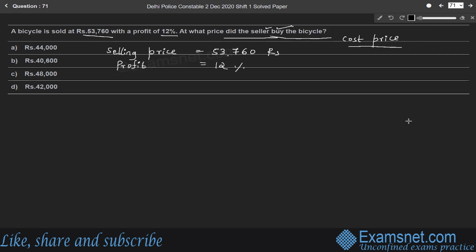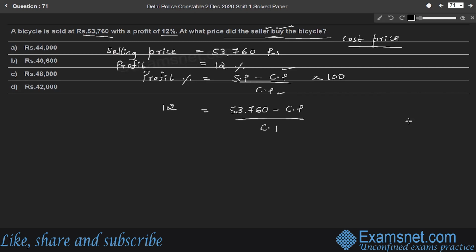For that we are using the formula profit percentage is equal to selling price minus cost price divided by cost price into 100, right? So here we need to find cost price. Substitute the values. Profit percentage is 12%, is equal to selling price is 53,760 minus cost price divided by cost price into 100.